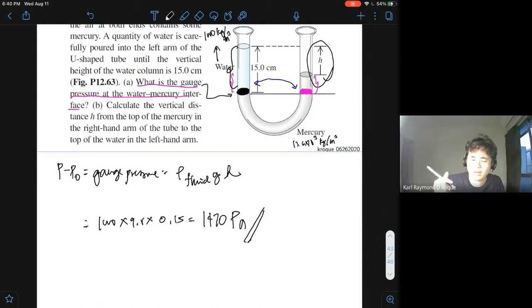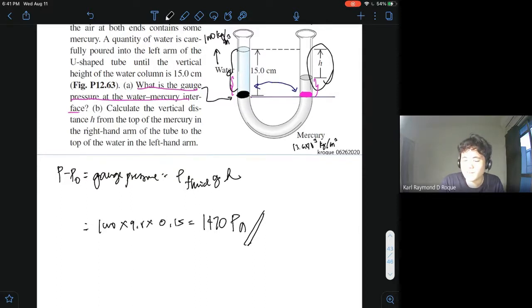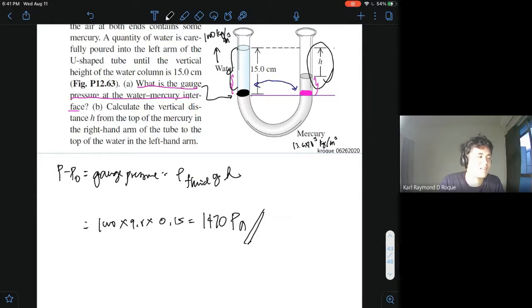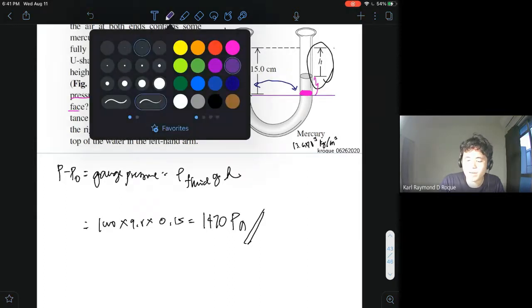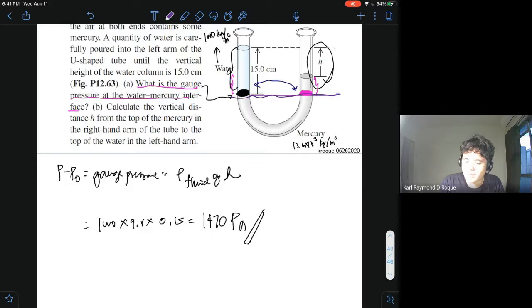Okay. Calculate the vertical distance h from the top of the mercury in the right-hand arm of the tube to the top of the water in the left-hand arm. Ito raw. Napansin niyo yung sinabi ko kanina? You create a line. Yun lang yung interesting na i-examine, di ba?